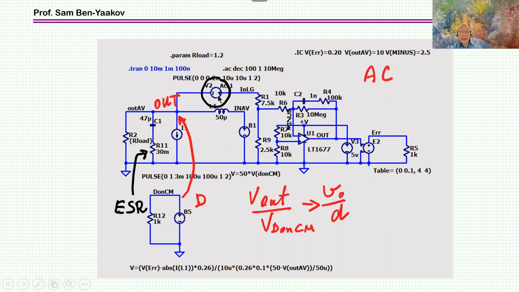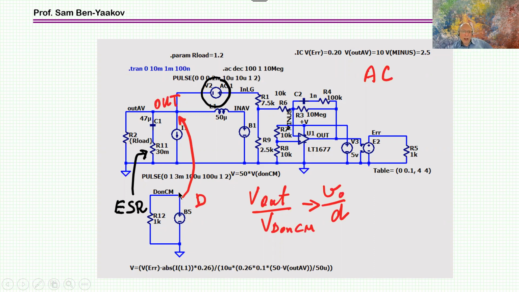But I'd like to emphasize that once you do an excitation anywhere, for example here, all the signals have AC components on them, okay? Everything is sort of breathing with an AC on it.